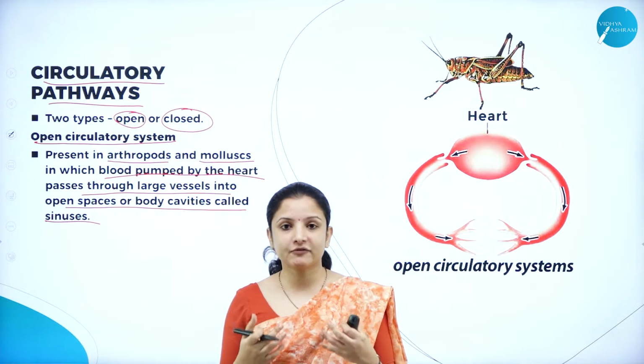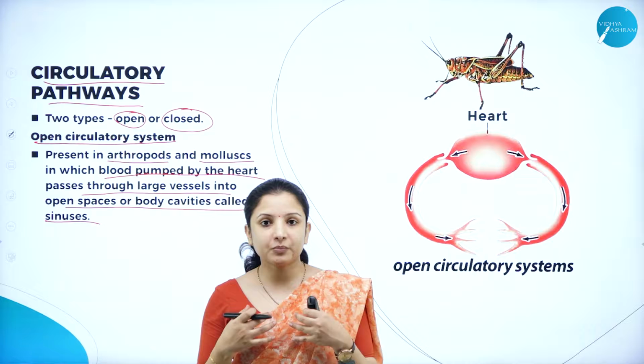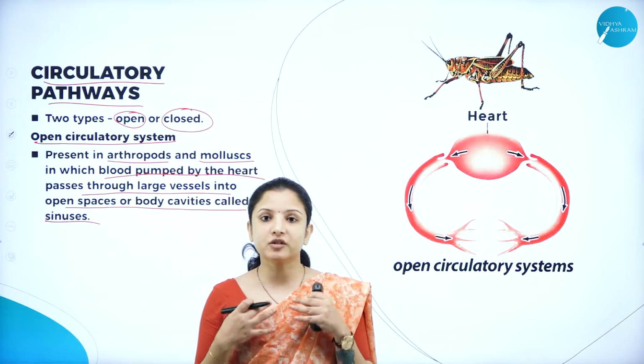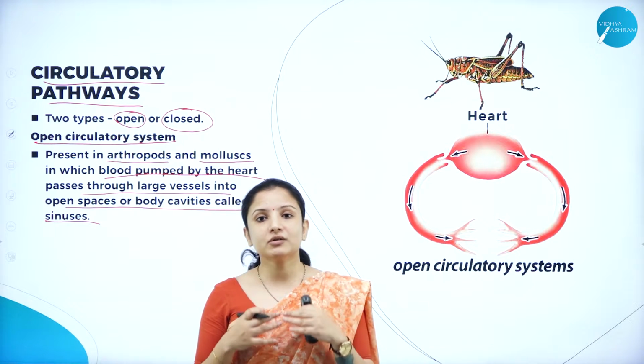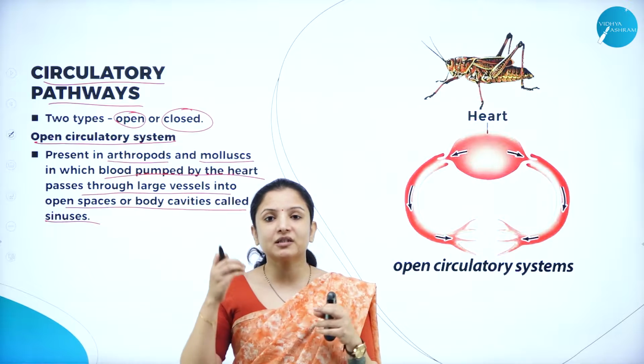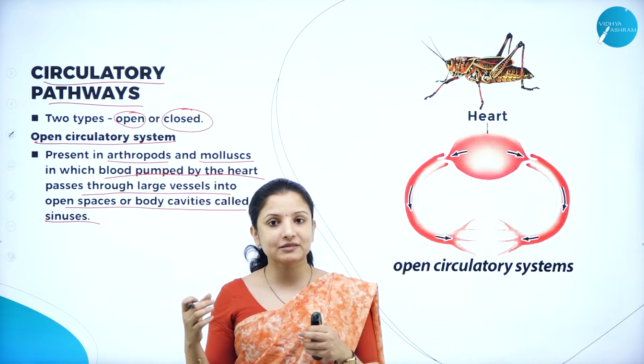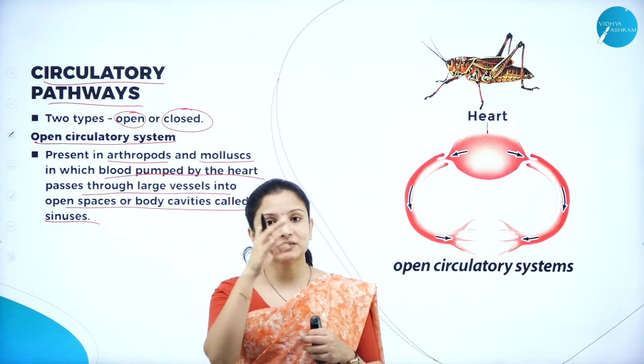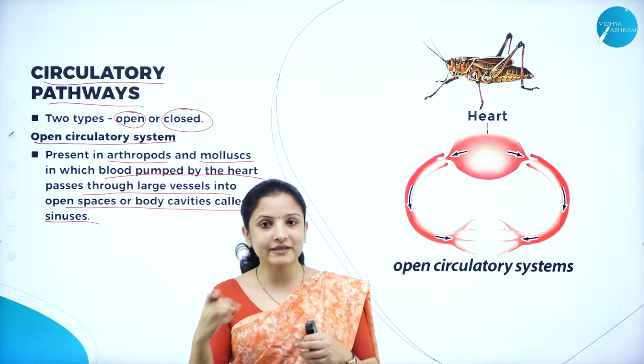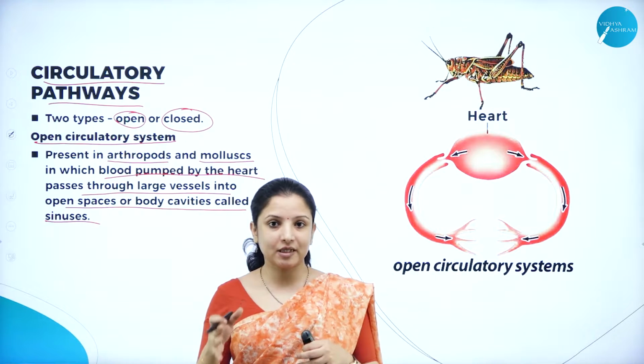I'll tell you the difference here. We human beings have a closed circulatory system. In a closed circulatory system, what happens? There are a lot of different veins that carry the blood in a channelized manner to different organs, right?